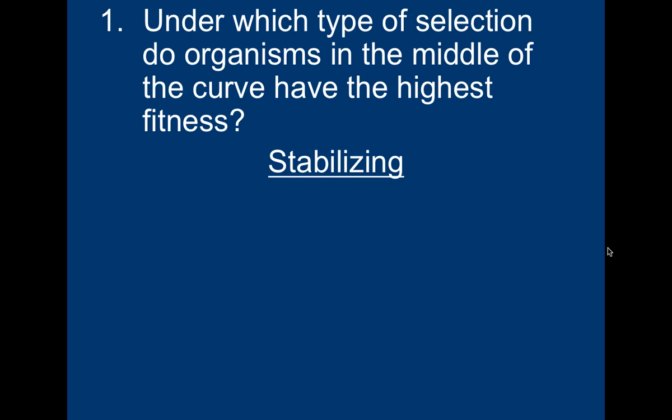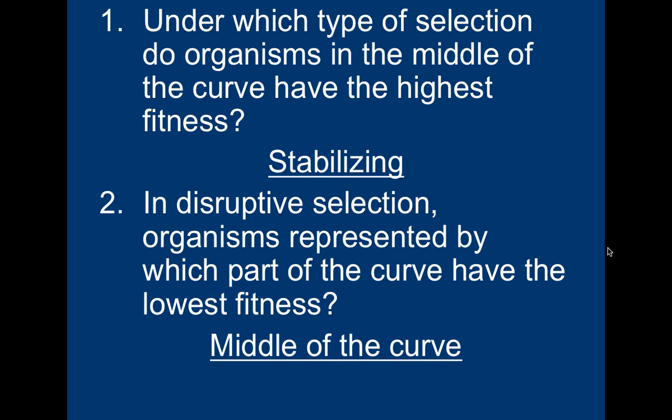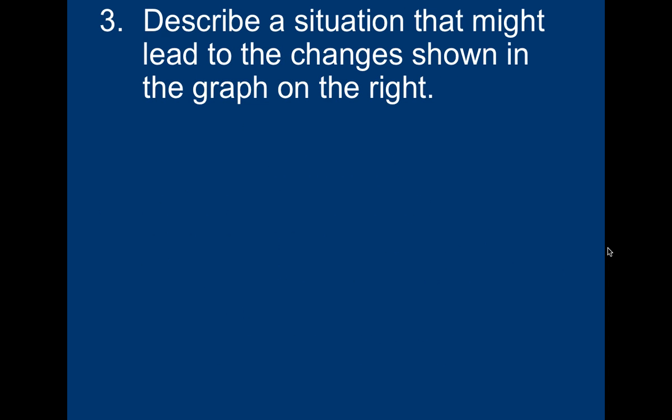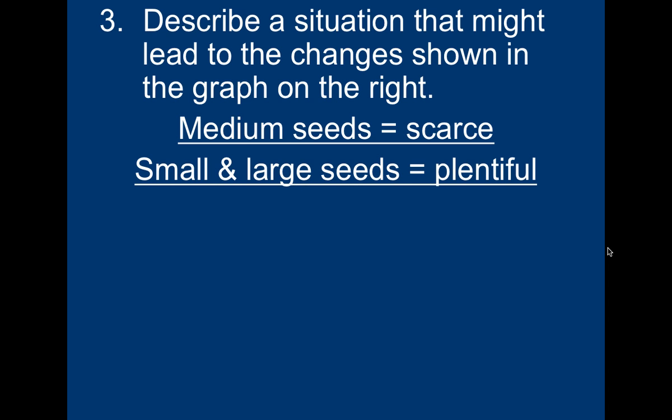That is stabilizing. In disruptive selection, organisms represented by which part of the curve have the lowest fitness? That is the middle of the curve. Describe a situation that might lead to the changes shown in the graph on the right, which is the disruptive. So let's just use the seeds. Medium seeds become scarce, whereas the small and large ones become plentiful or abundant.